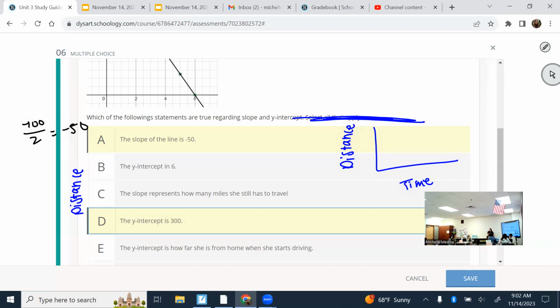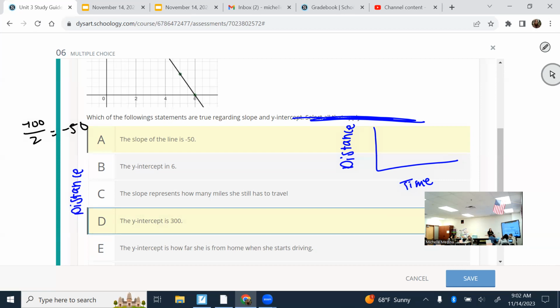Slope in any situation tells you how much the situation is changed by, decreasing or increasing by, what it's changing by. Slope is your rate of change, so remember that, put it on a flashcard, do something. That's very basic. Slope is rate of change.